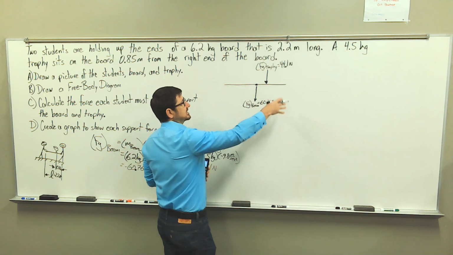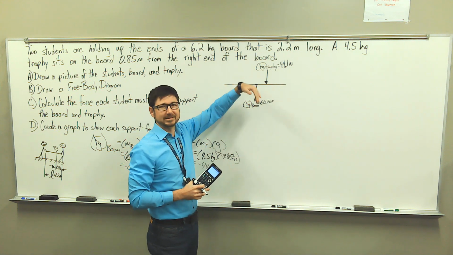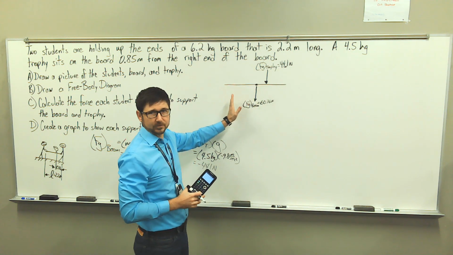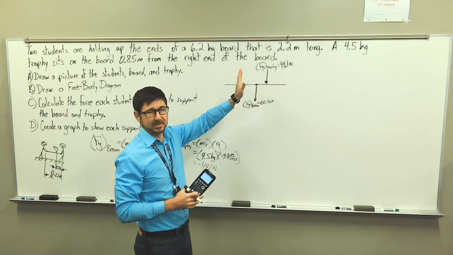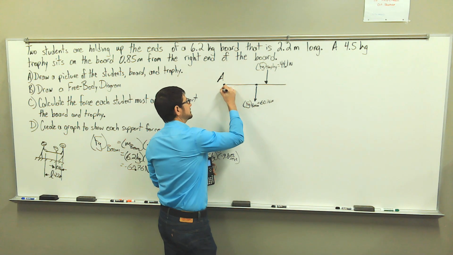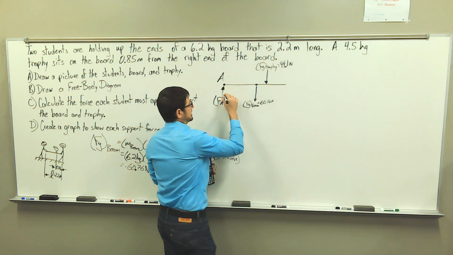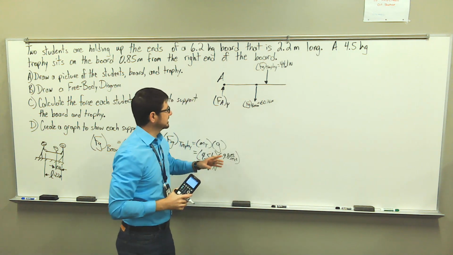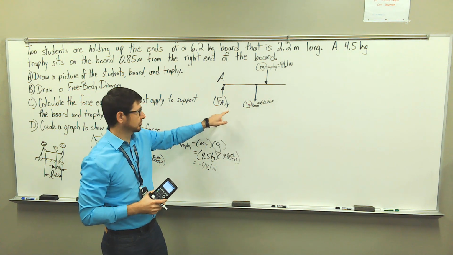So that means the sum of our forces in the y direction that are going down, we're going to have support forces equal in magnitude pushing back up on the beam. So we're going to have, since this is point A, we have support force A. I'm going to label this F sub A sub Y because this is a force in the y direction.